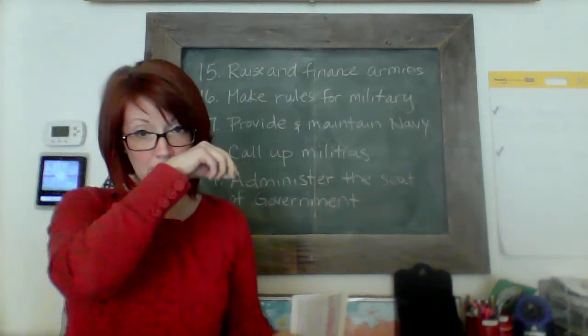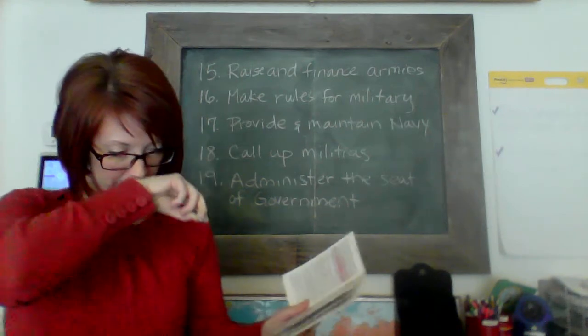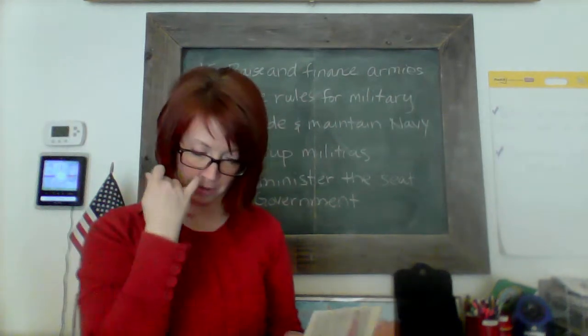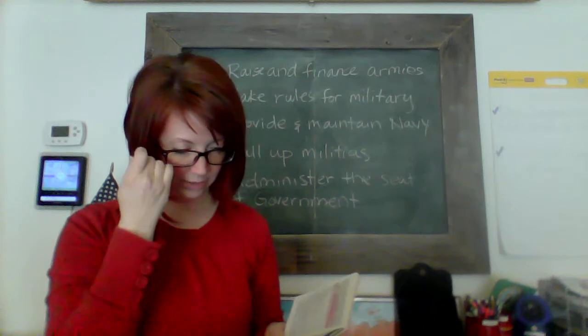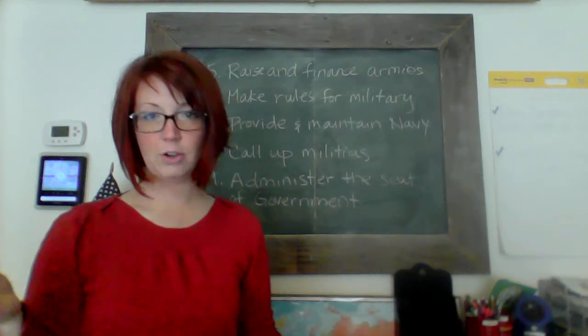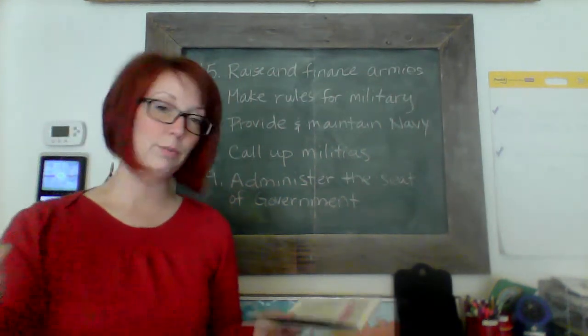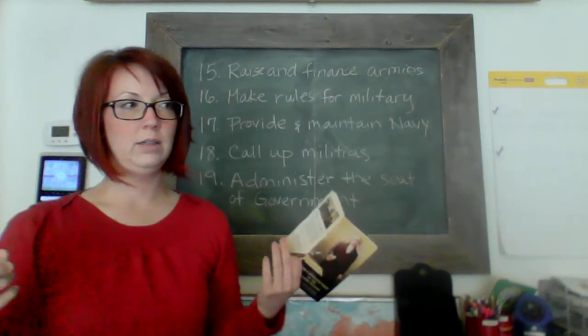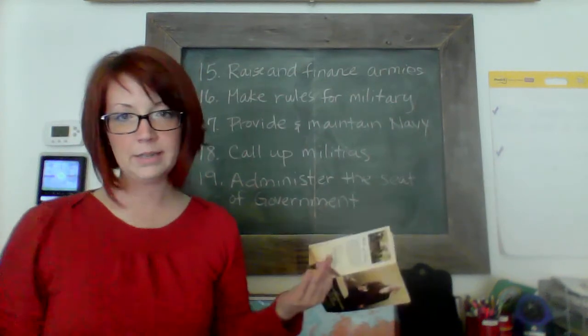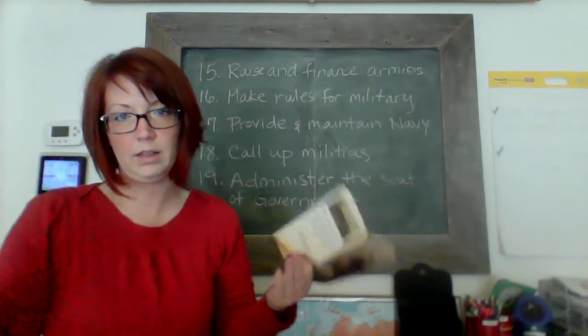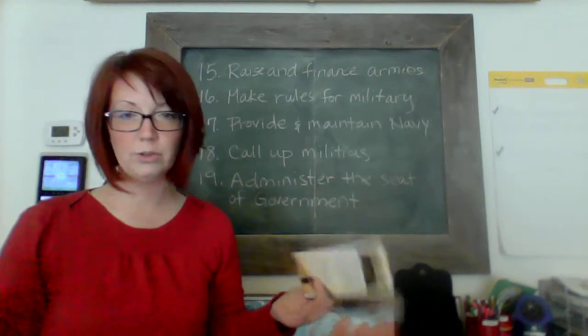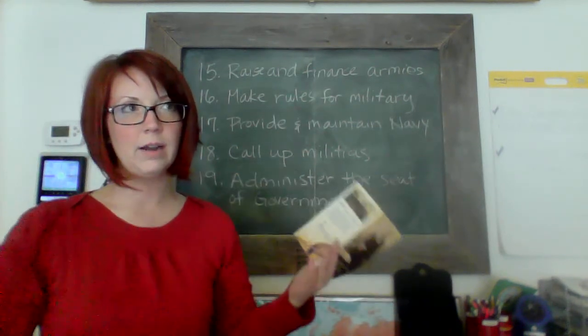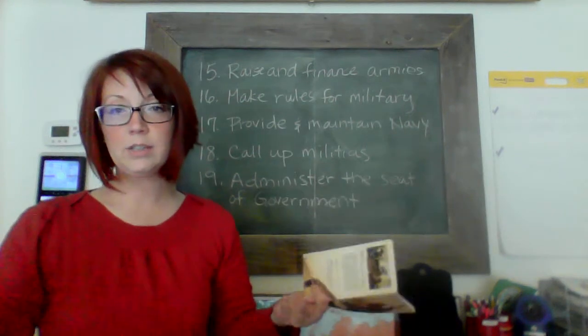And then also in that same clause, which is clause 17, the second power listed is to administer federal lands. So they have the right to build buildings and maintain whatever federal lands they claim for use by the government, which can be outside of the nation's capital.